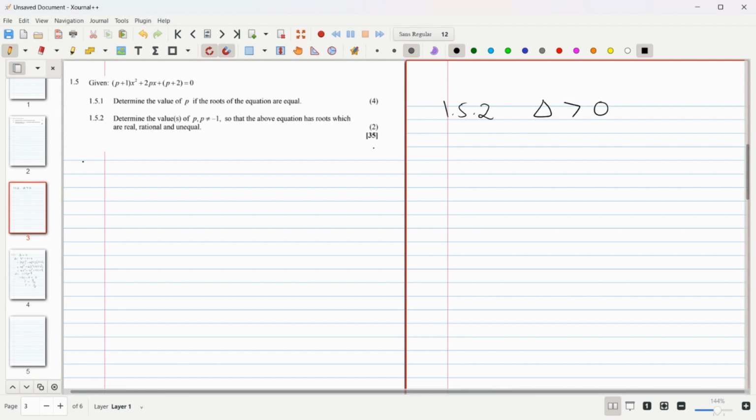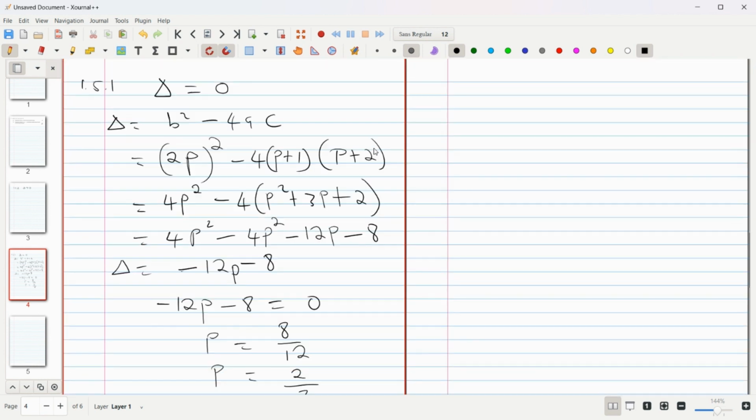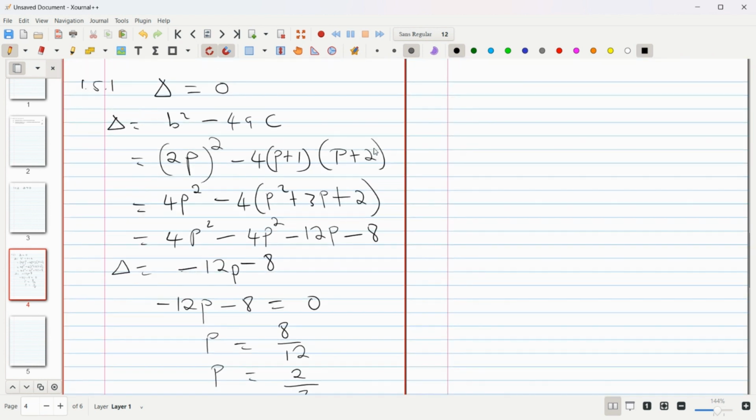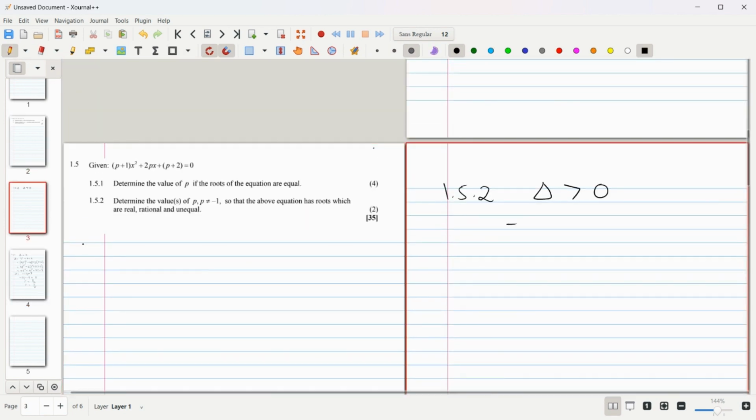greater than 0. Remember, we calculated our discriminant. Our discriminant is -12p minus 8. So this should be greater than 0.